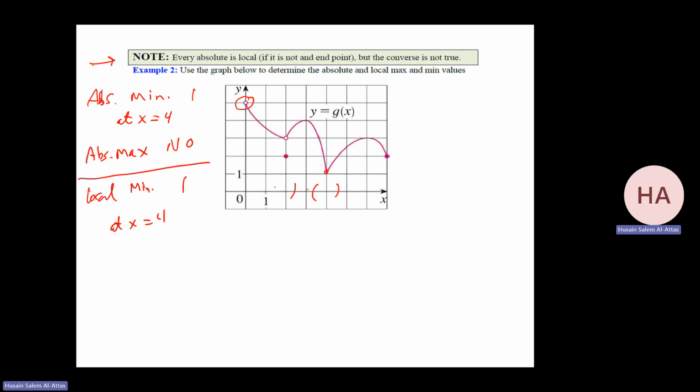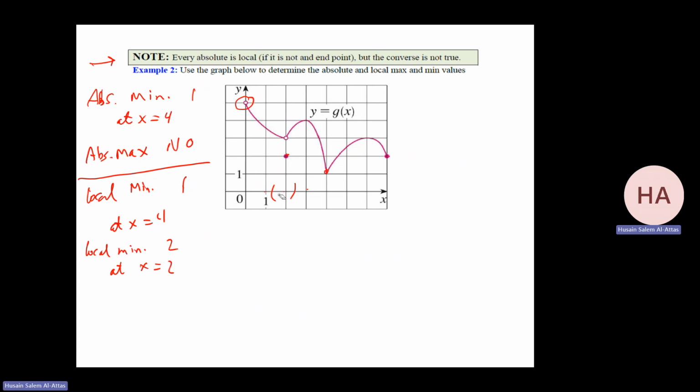Here, if we took an open interval, what will happen? This will be the smallest. Over this interval, this point will be the smallest point, or the lowest point. So we have local minimum 2 at x equal 2.